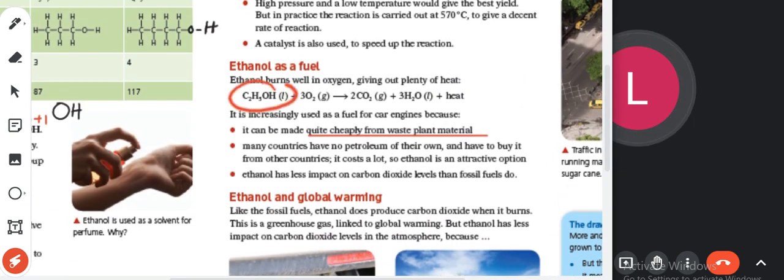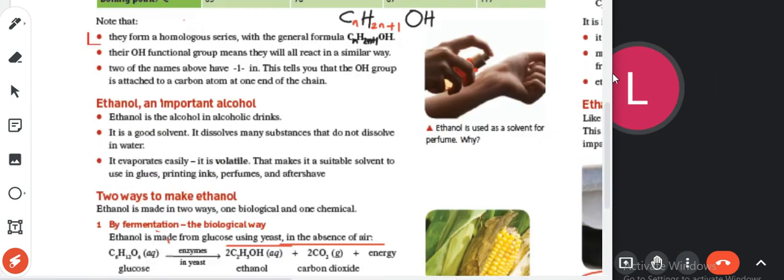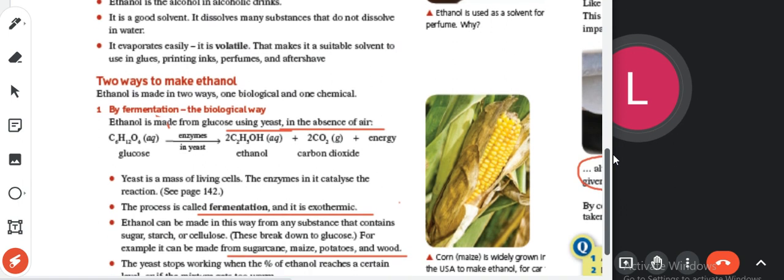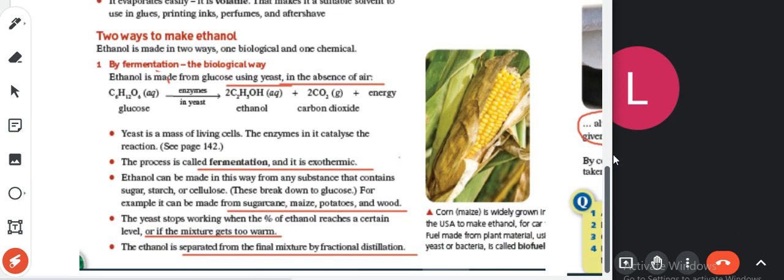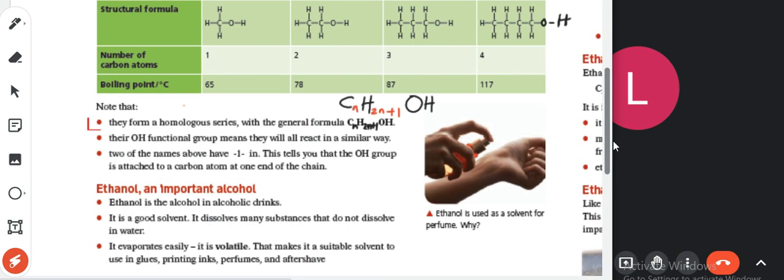So when alcohols burn in oxygen, they produce carbon dioxide, water, and of course heat is released. Excess oxygen, plenty of oxygen, gives us plenty of heat. That's why it's used as fuel in some countries to power cars.